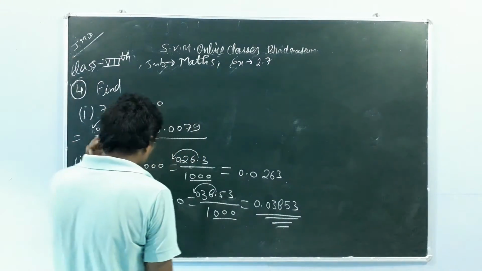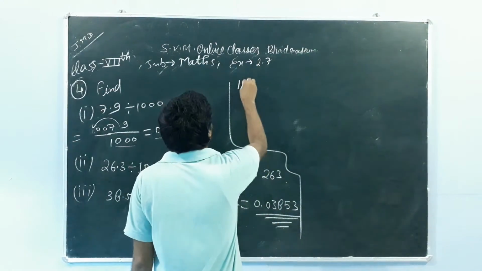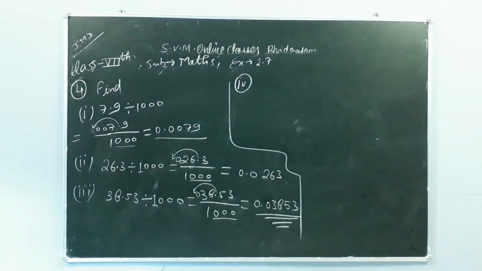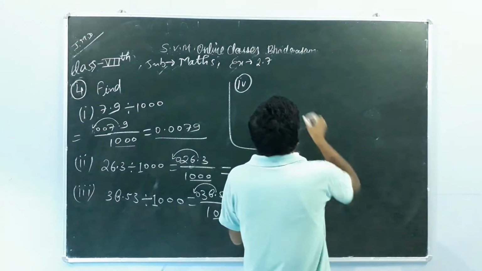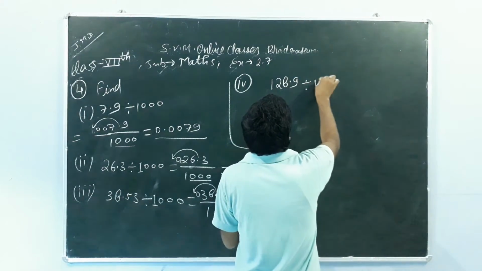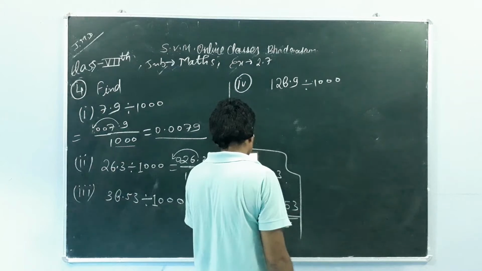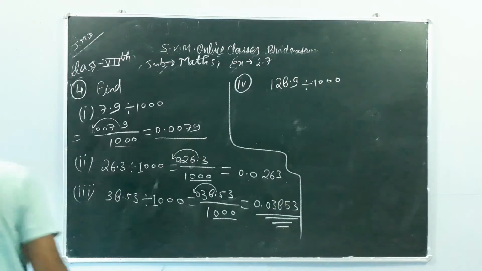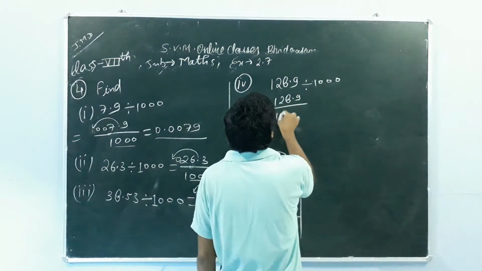This is 1, 2, 3, and now this is 4. Our fourth one is question number 4, part fourth: 128.9 divided by 1000.